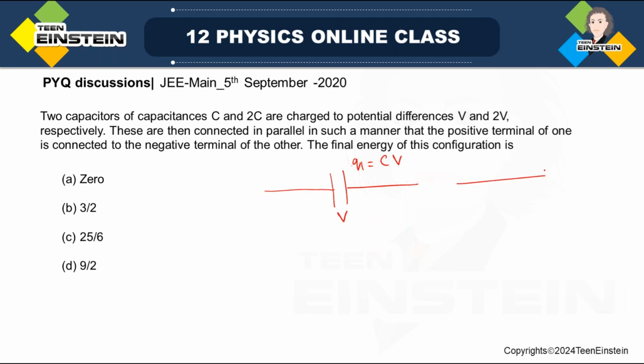Another capacitor is separately charged, so this has capacitance 2C and it is charged up to 2V. So what is the charge here? That is 4CV.